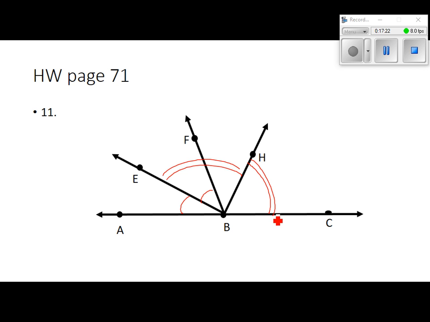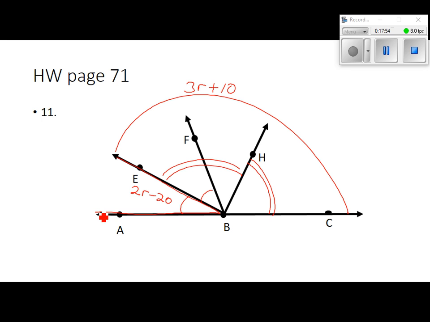Does everybody see angle EBC here? So that goes from here all the way around to there. What is that one? 3R plus 10. What else? This one right here is 2R minus 20. That's this angle right here, ABE.